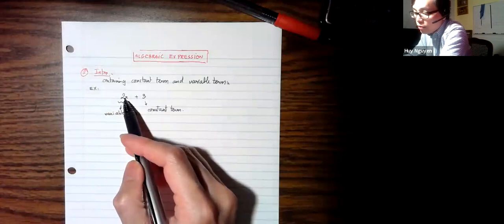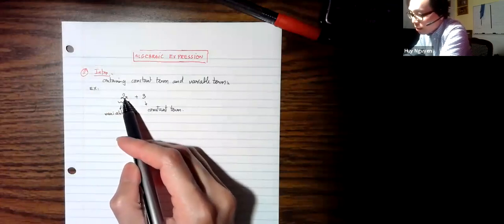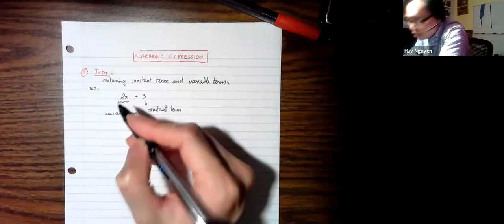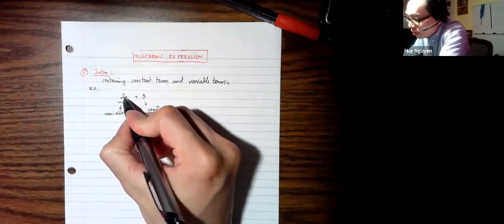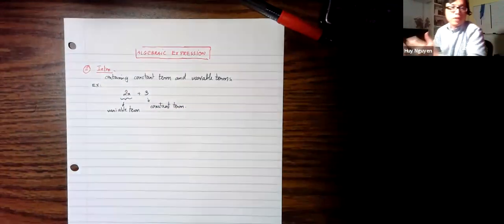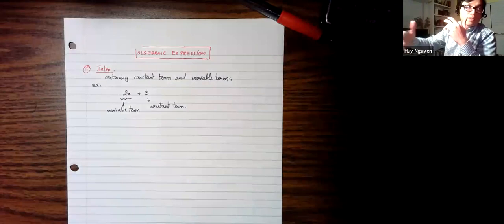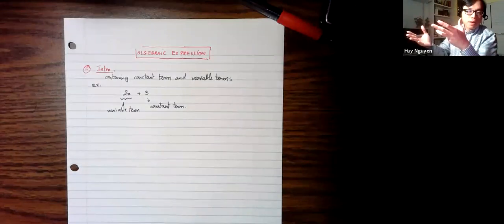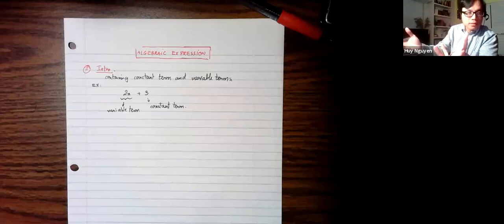There's a multiplication sign right here, but we don't write it; we just write 2x instead of writing 2 times x. So we have two terms, and in the first term we have two factors. Now you can see the difference between term and factor.